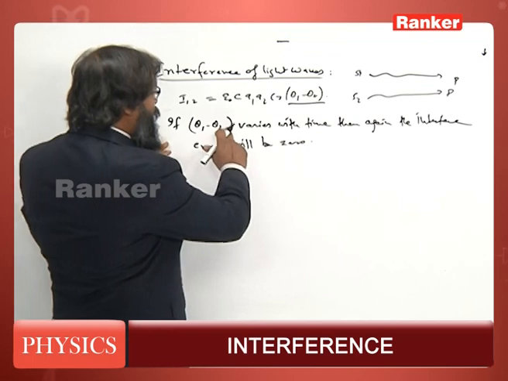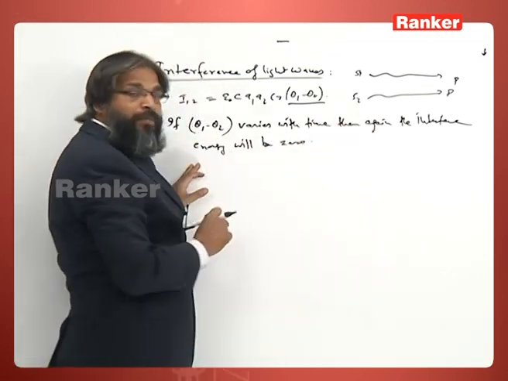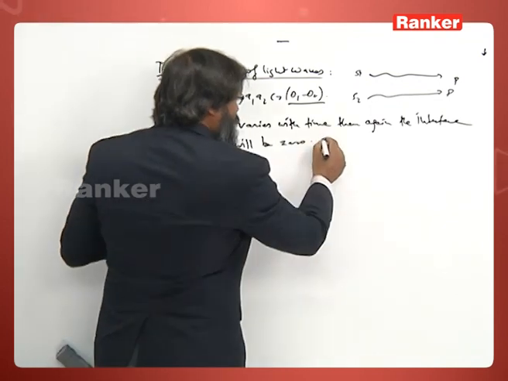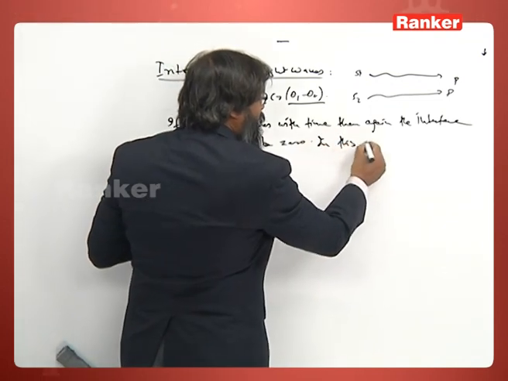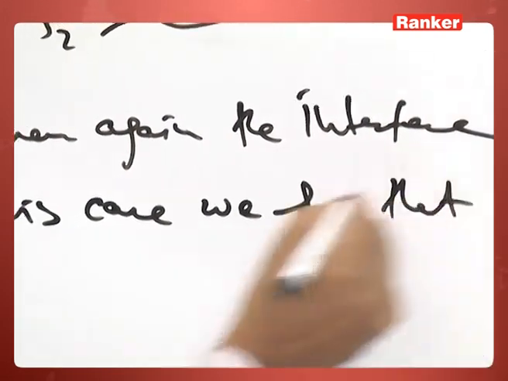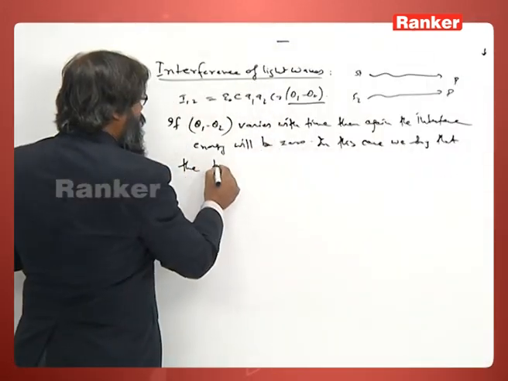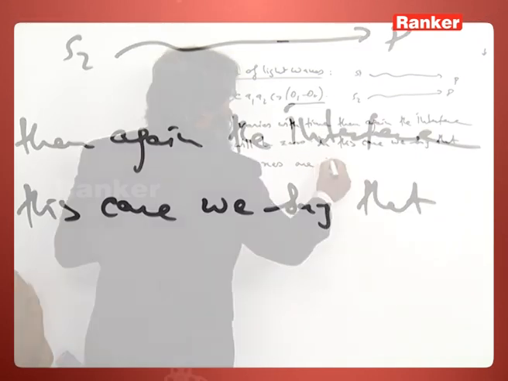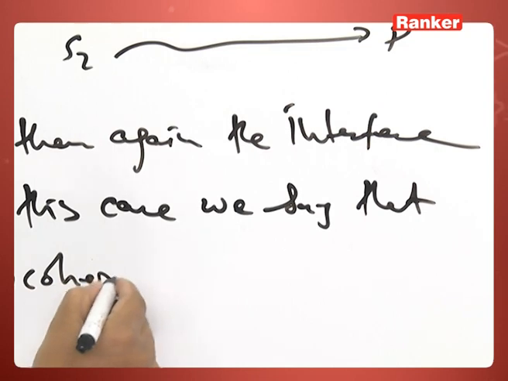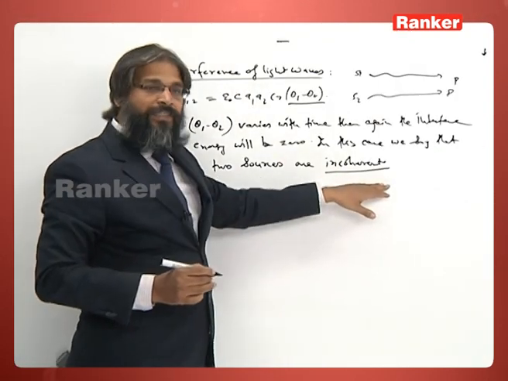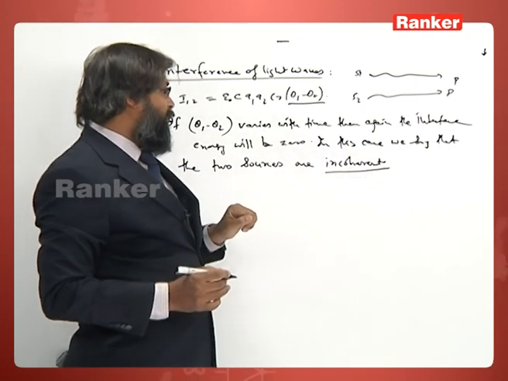So if theta 1 minus theta 2 varies with time, then again interference will be 0. In this case, we say that the two sources are incoherent.